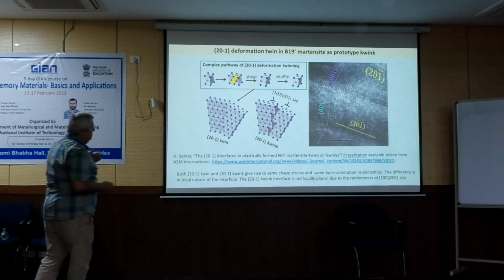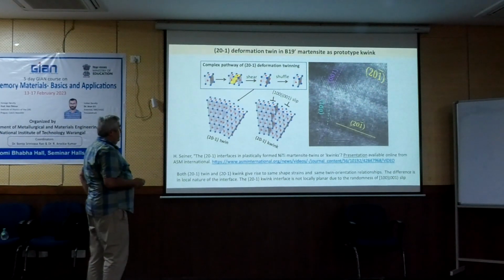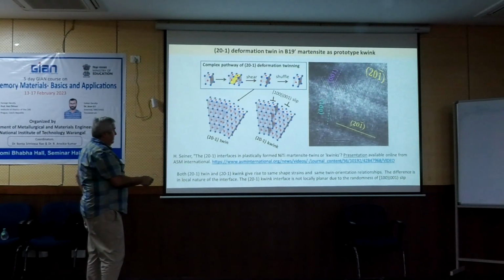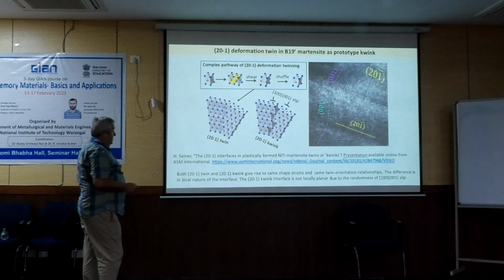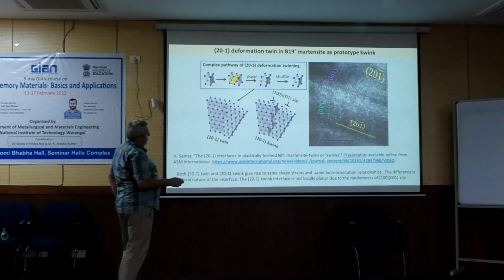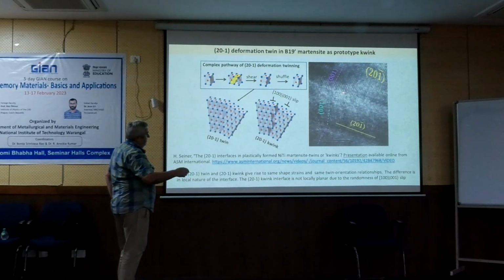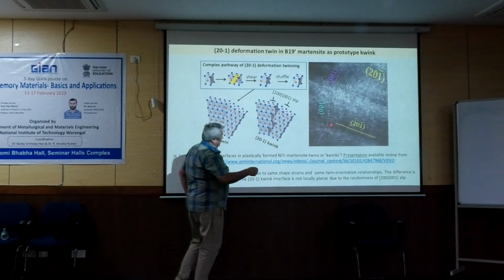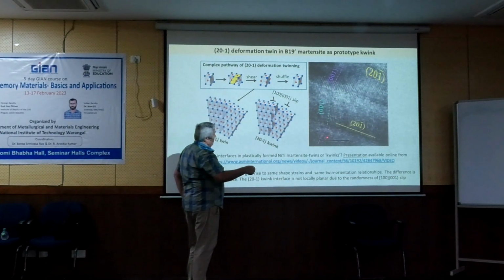What is the difference between this quink and low angle grain boundary? Okay. Well, first thing is, quink is our term for a deformation band where the lattice is oriented differently than in the matrix.